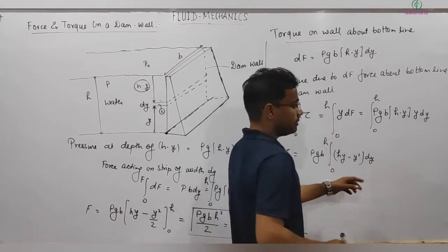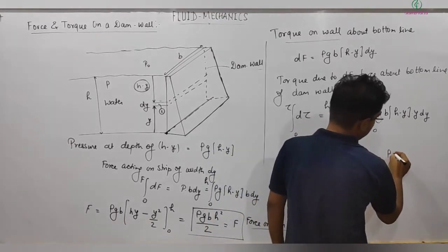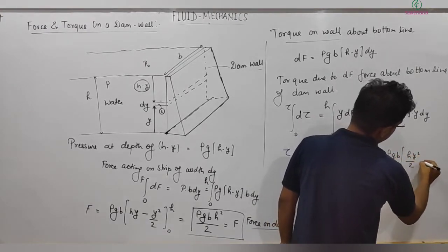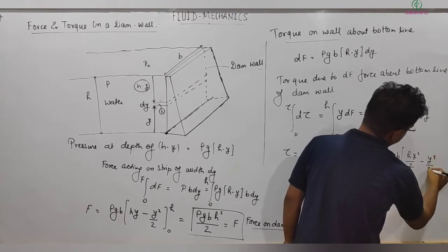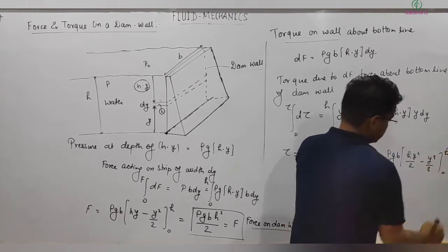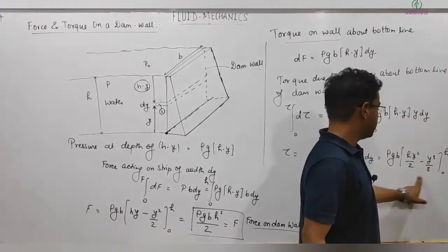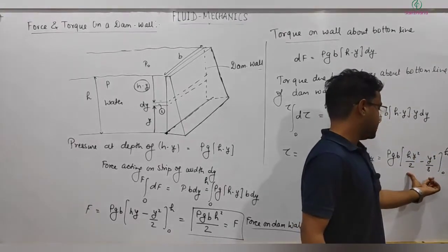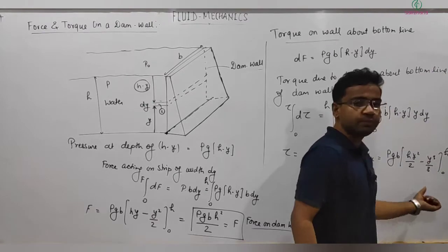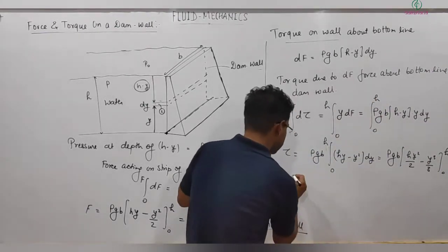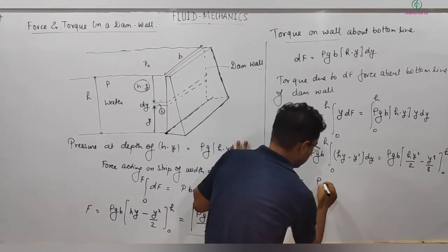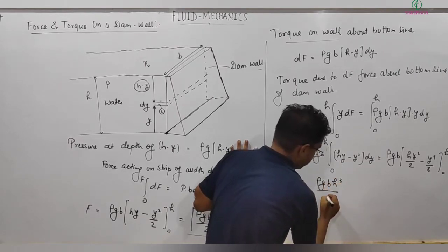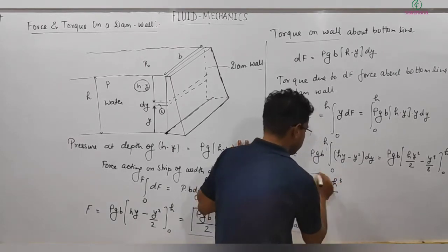So it will be rho g b [h y square by 2 minus y cube by 3] from 0 to h. At 0, everything will be 0. At h, it will be h cube by 2 minus h cube by 3. LCM will be 6, 3 minus 2, that will be 1. So tau we are getting is rho g b h cube divided by 6. This will be the torque.